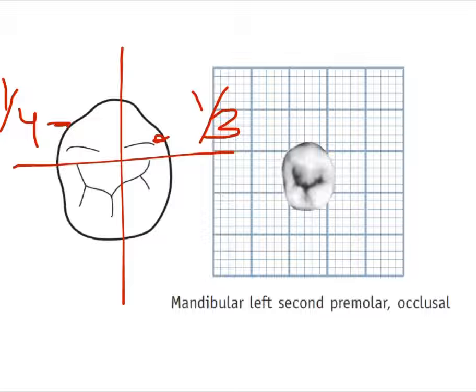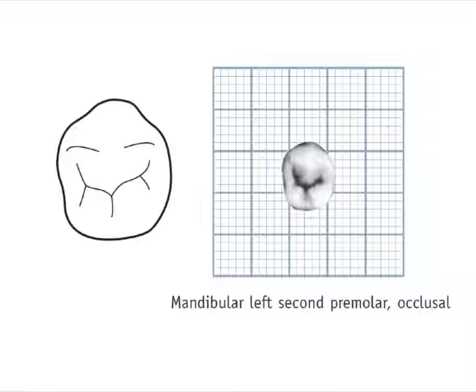Also, you should see that the shape of the developmental occlusal, the developmental groove is a Y-shaped with a central fossa and a central pit in the middle.